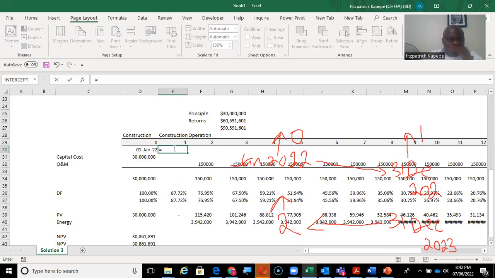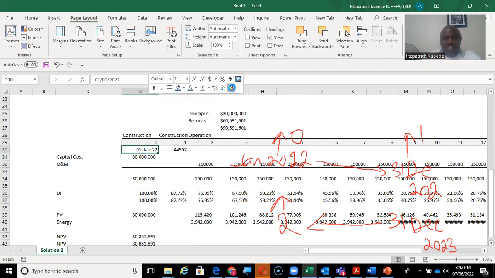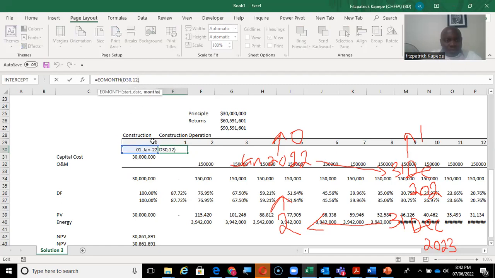Here now, it will be end of month, this, that, and 12, like this. I need to put these things in perspective. It's like this.